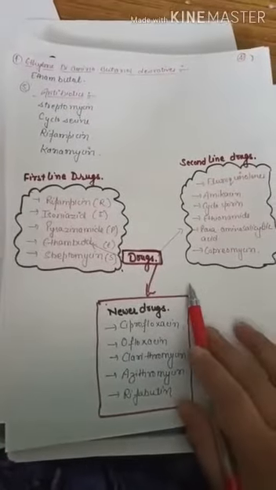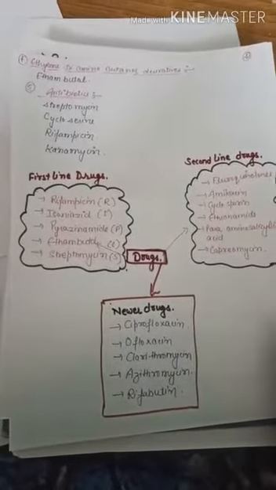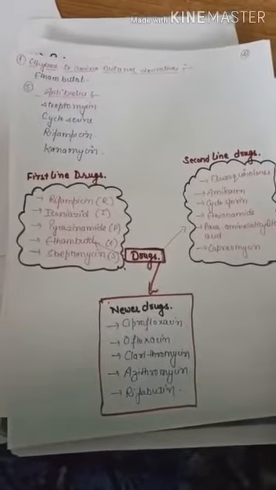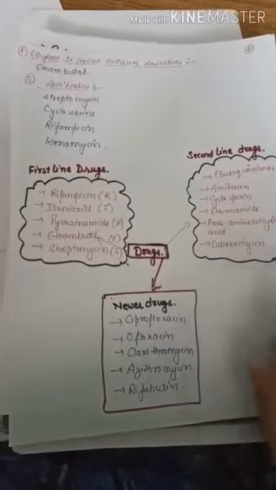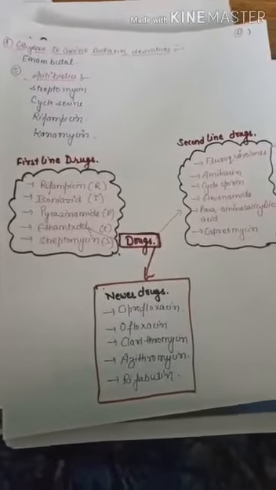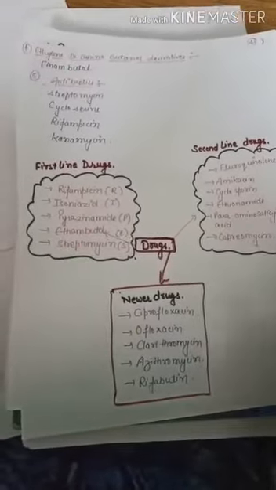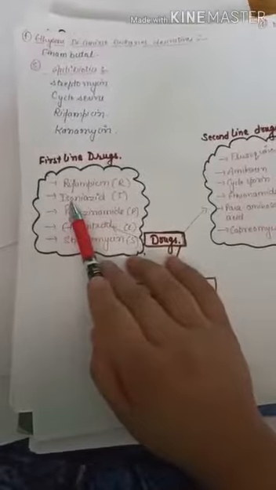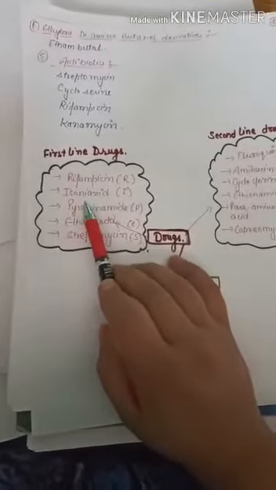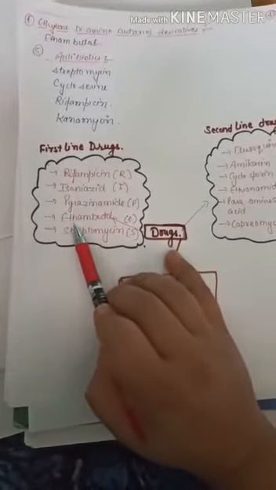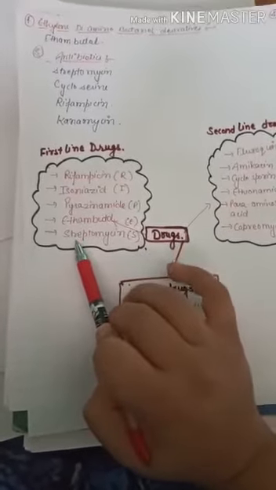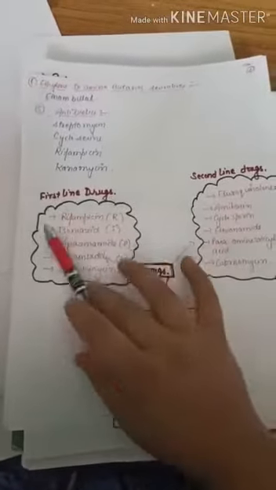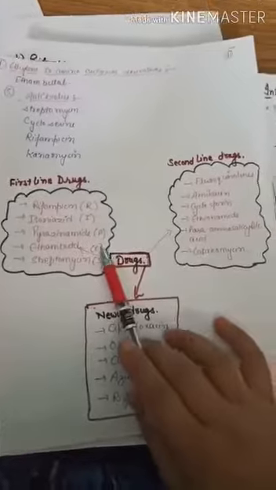The WHO divides the treatment options into two subtypes: first line treatment and second line treatment. The drugs in the category of first line treatment are rifampicin, isoniazid, pyrazinamide, ethambutol and streptomycin, and these are the most important drugs.